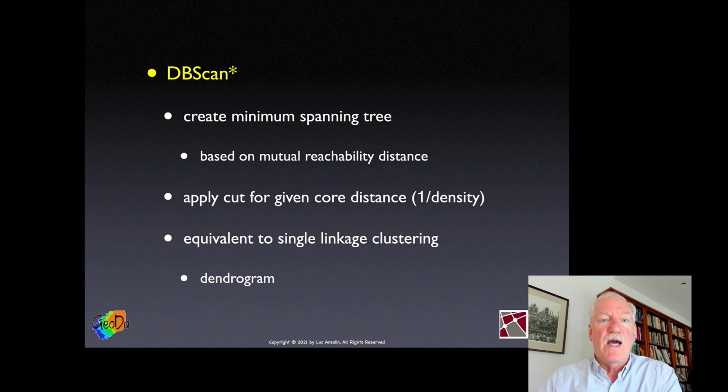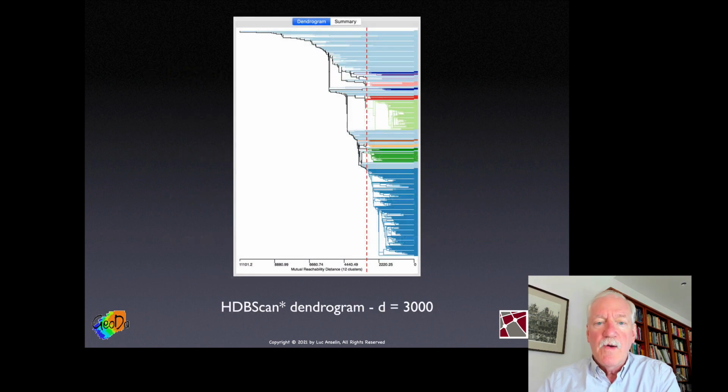And so this, as I mentioned, and we'll get into that in more specific later, is equivalent to single linkage clustering. And so what we have here is a dendrogram. And the way this is constructed is we take the 2 points that are closest together and connect them. And then we take the next ones that are the closest together and connect them. And so we get this tree structure, and we'll see this in more detail when we discuss hierarchical clustering.